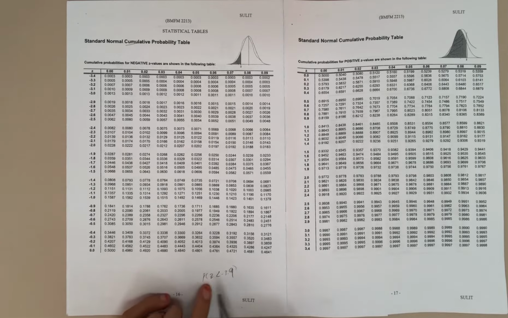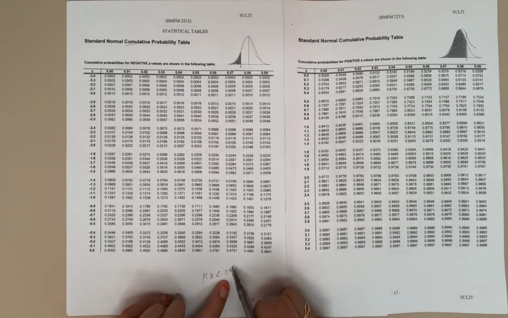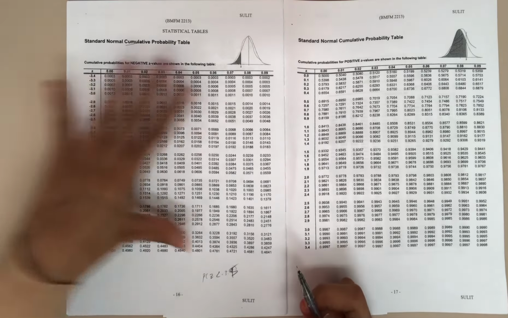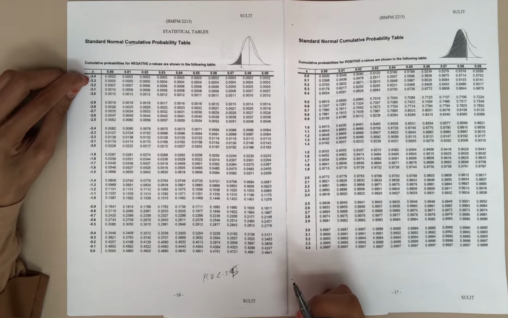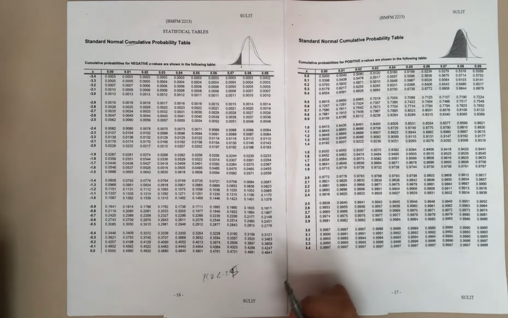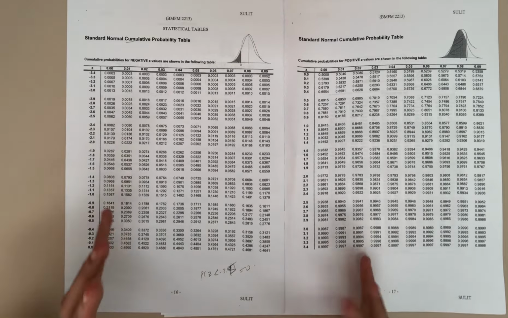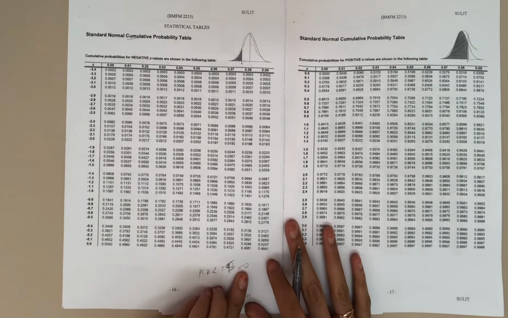If the figure is less than negative 3.9, for example, there is no figure, as the limit is until negative 3.4. So the value will be 0. When it is not here, it means the value is zero.